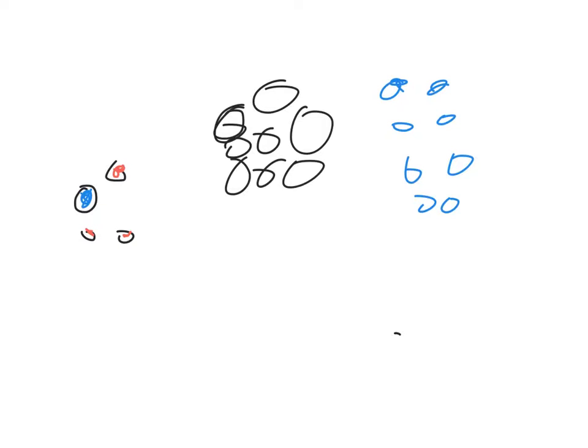So this is kind of what happens. You have a cell, and it replicates itself so that eventually it creates a big population that's identical to itself. That is now a tumor.